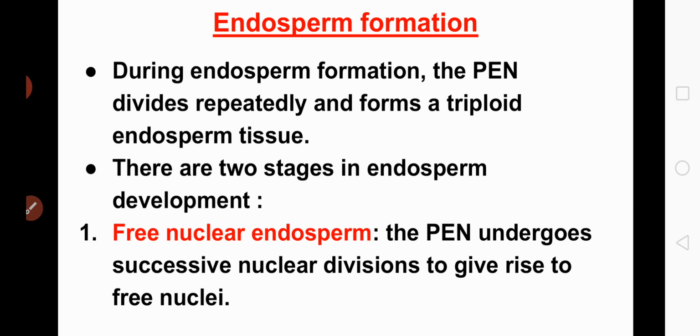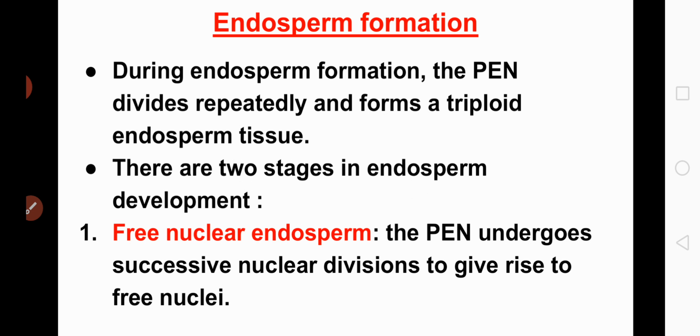The cells of this tissue are filled with plenty of reserve food materials and are used for the nutrition of the developing embryo. So the function of the endosperm is to provide nutrition to the developing embryo.